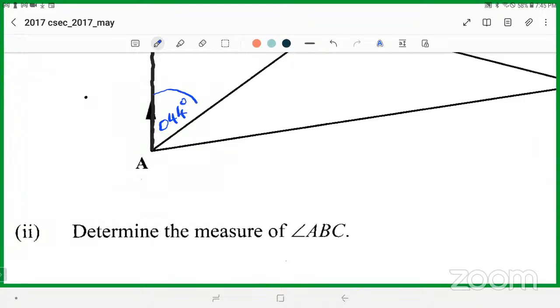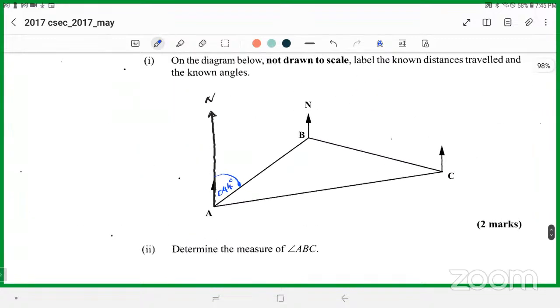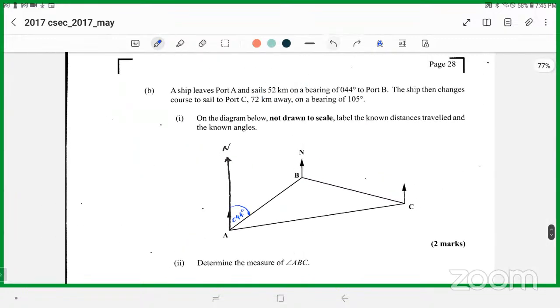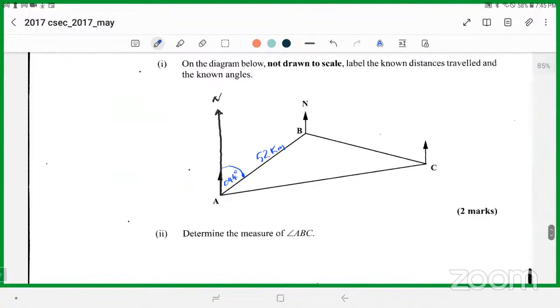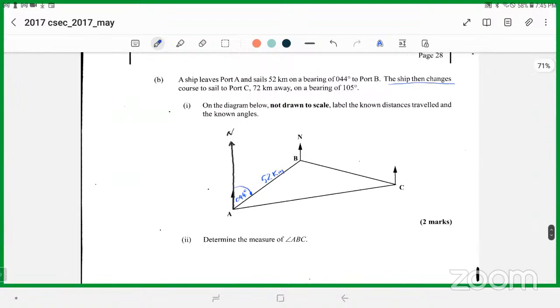That's 044 degrees. The distance is what? The distance is 52 kilometers. Let's put that on as well, 52 kilometers right here. And then it told us the ship then changed course and sailed 72 kilometers to sea, and it went on a bearing of 105. That's this journey now.